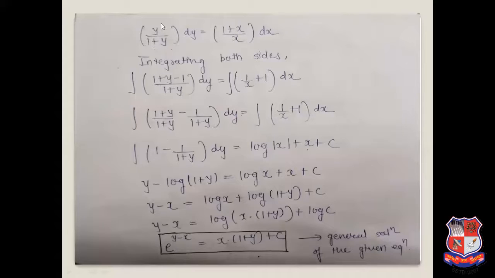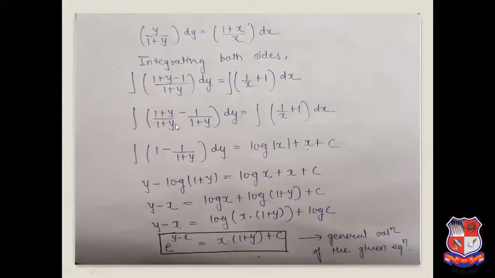Here we adjust the terms. In the numerator, 1 plus y minus 1, we add 1 and subtract 1. On the right side, separately divide by x, so (1 upon x plus 1) dx. On the left we separately divide by 1 plus y. So we get integration of (1 plus y) upon (1 plus y) minus 1 upon (1 plus y) dy equals integration of (1 upon x plus 1) dx.